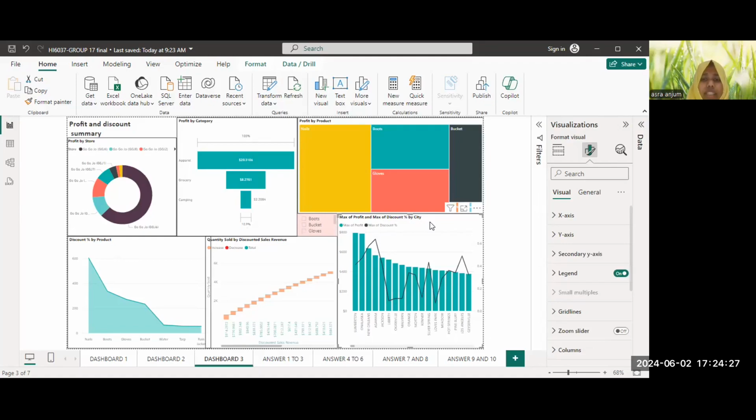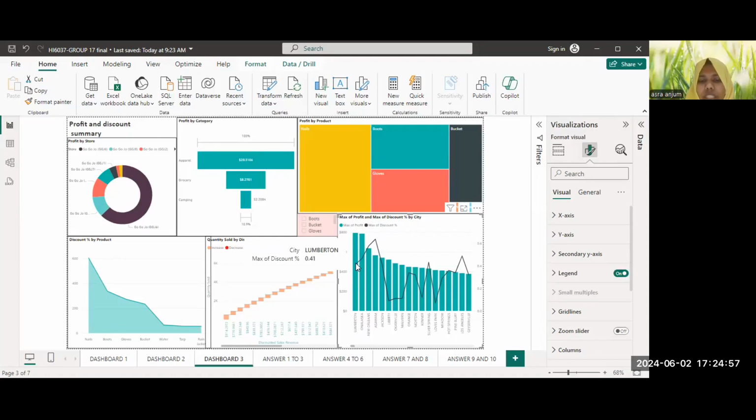The last visualization of my dashboard is the maximum of profit and the maximum of discount percentage by cities. I have taken here a combo chart. This bar chart represents the maximum of profit, whereas this line chart represents the maximum of discount. We can clearly see here this city, Dumbarton, has the highest profit made by giving a large number of discounts.